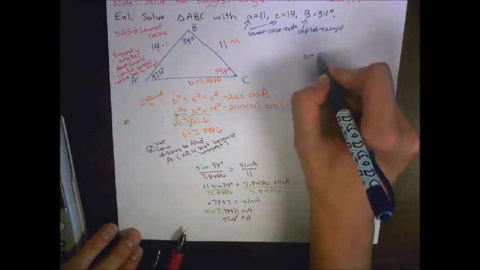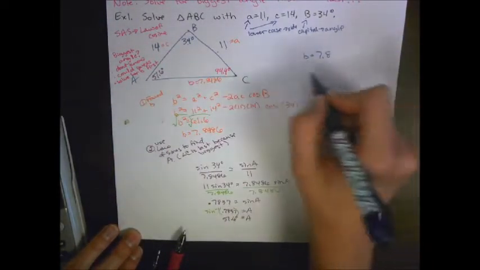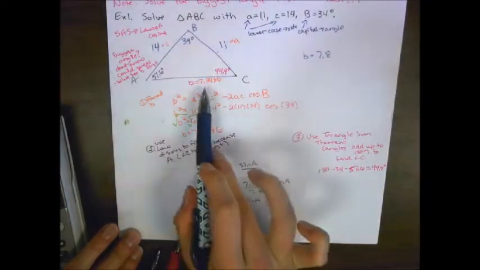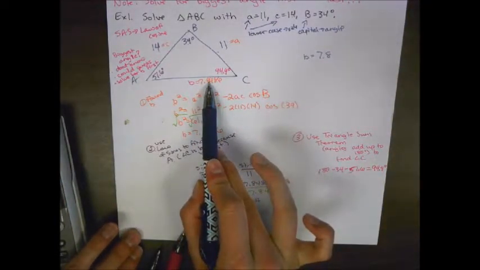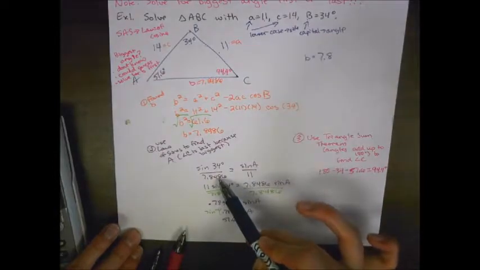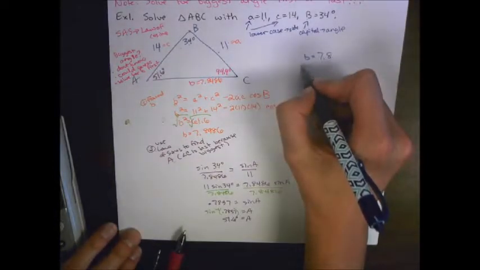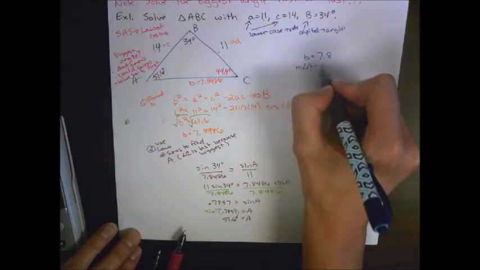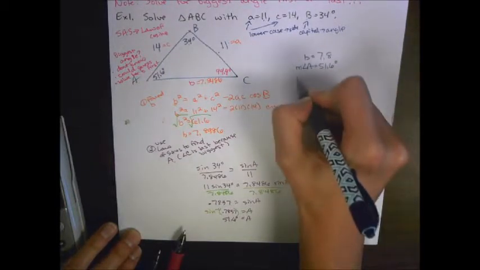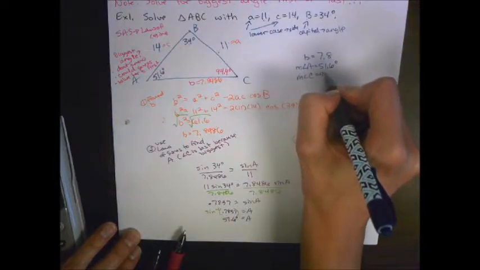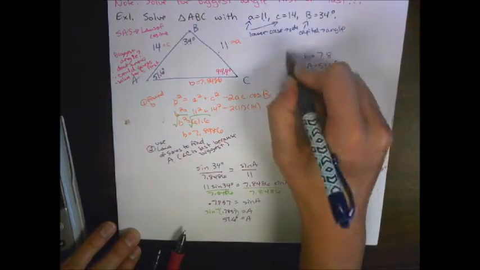We found side B, and I'm going to round that now to 7.8. Remember, we didn't round it to one decimal here. We used 4 because we used it in our math for law of sines. The measure of angle A is 51.6 degrees. The measure of angle C is 94.4 degrees.